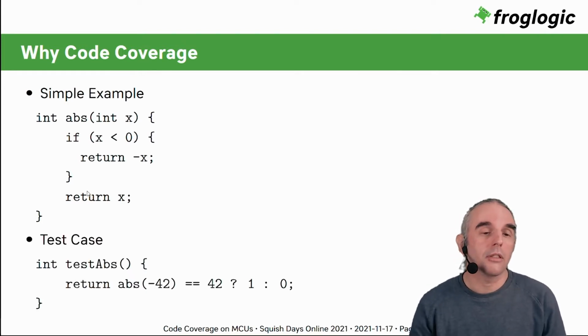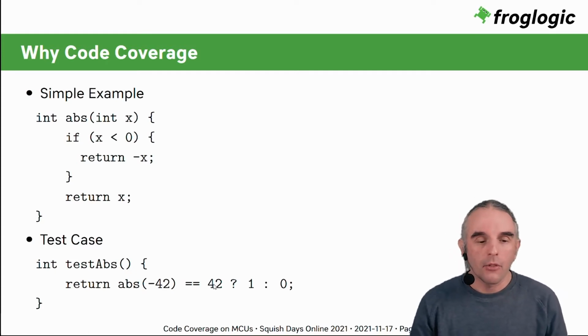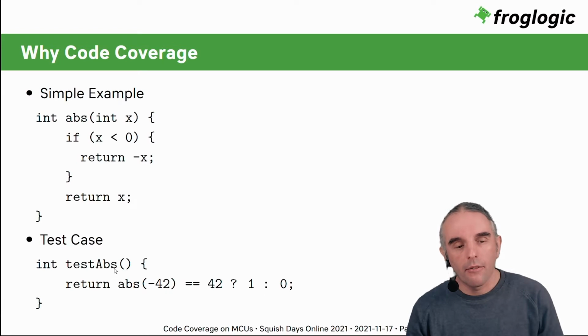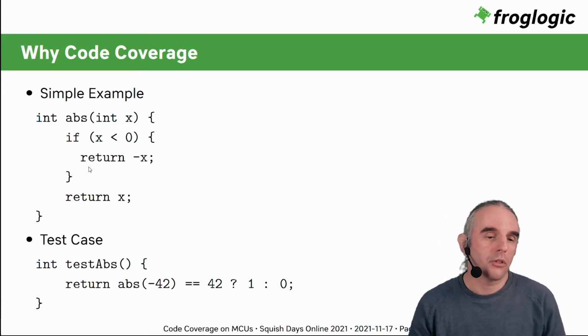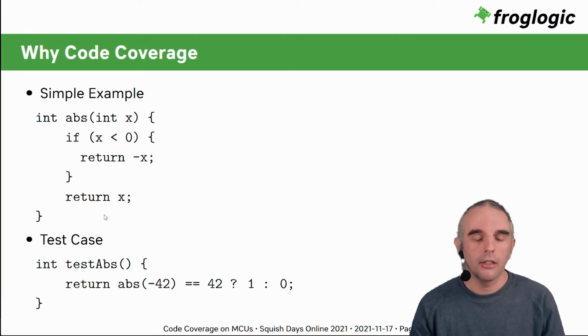One simple test case for this function can be a function like this one, in which you just check what happens if you put inside -42, whether you will get 42 back. Of course, in practice, you will probably use some library functions, or even some frameworks for testing, but it's just for this talk and the demonstration of the basic idea.